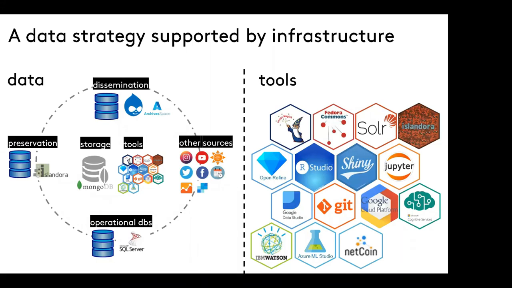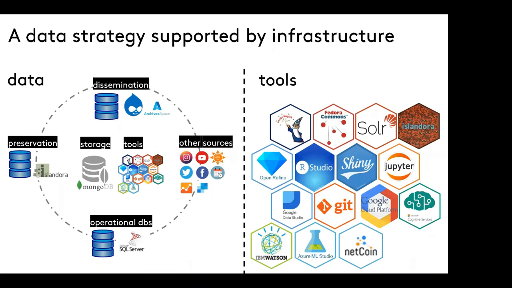And you can see on the other side of the slide some of the tools that we use. Some of them are specific for curation. So we have things like Fedora Commons, a repository, or Solr, or Islandora, OpenRefine to clean large amounts of data. But then on the analytical side, we use R. R is a programming language that we use at the Data Lab.